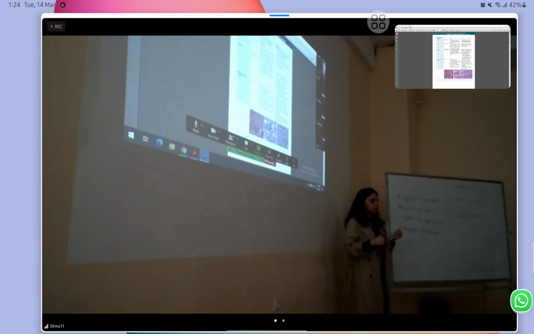So in hyperacute rejection, we have already preformed antibodies, which were formed during the first transplantation, and these antibodies start to attack the donor's tissue, which causes the thrombosis in the vessel, and because of the thrombosis of the vessels, you have necrosis of the tissue, and this necrosis is visible during the operation.